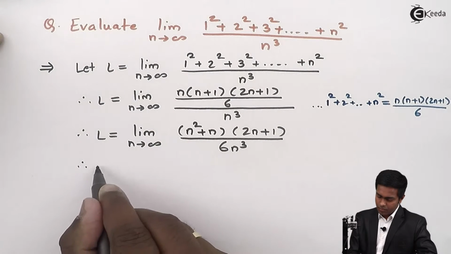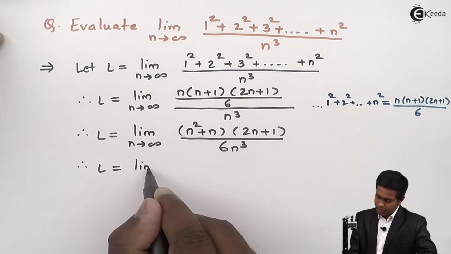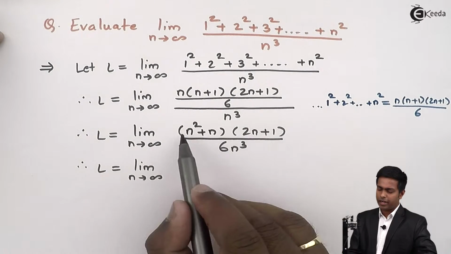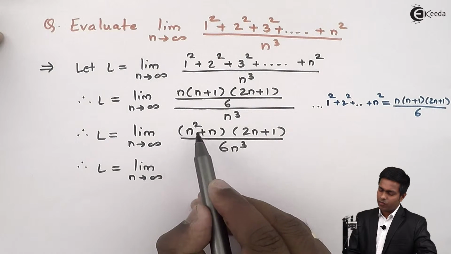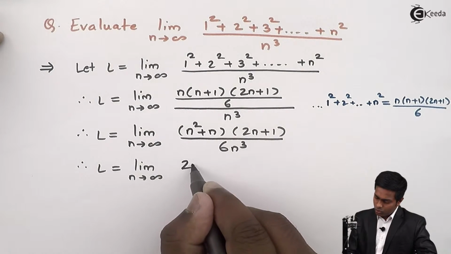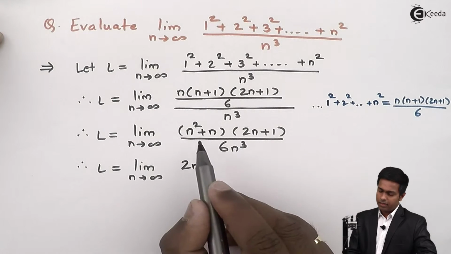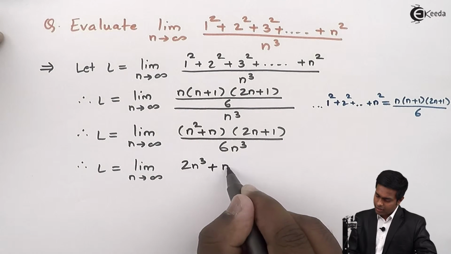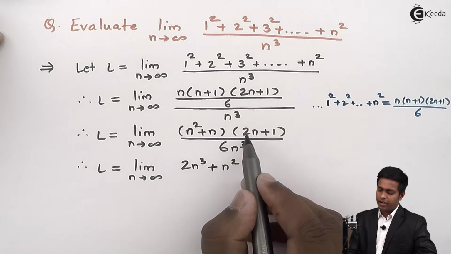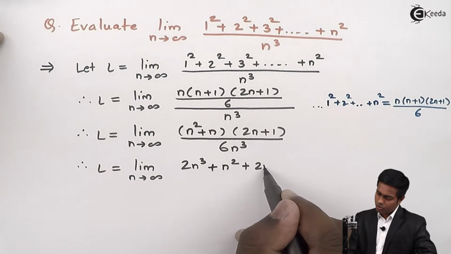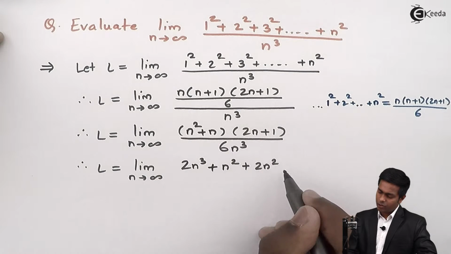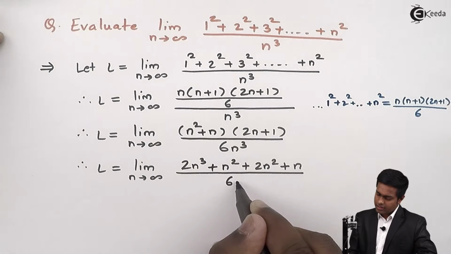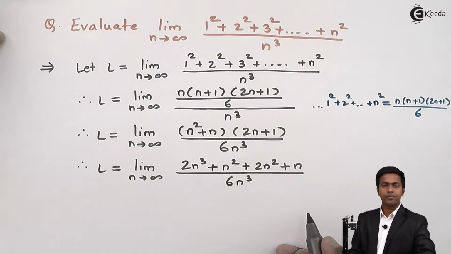Next, if I multiply these two brackets, then I'll get n square into 2n, that is 2n cube, then n square into 1, that is plus n square, n into 2n, that is plus 2n square, and n into 1, that is plus n, whole upon 6n cube.